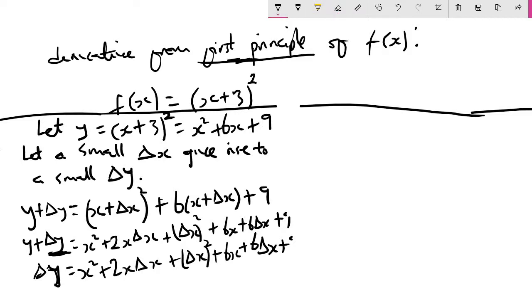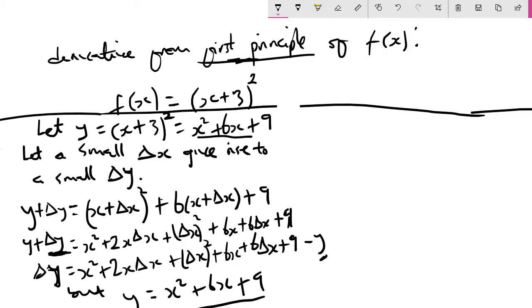I'll make it right. 9 minus y. Now, but y is equal to this. But y is equal to x squared plus 6x plus 9. So we replace this with all these. Yeah, I know it is getting really ugly. Don't worry, the answer will be nice.